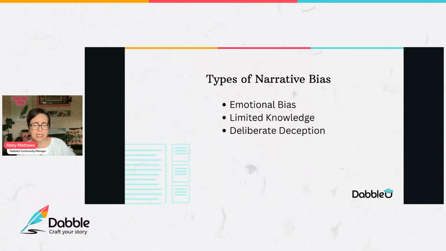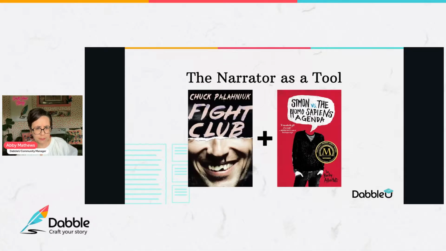We'll discuss this one with Fight Club. But naive perspective. This one is often used in middle grade or YA because the narrator misunderstands the world, right? Sort of like Scout, who misinterprets adult behavior. So we've hit on each of these in the workshop already, right?